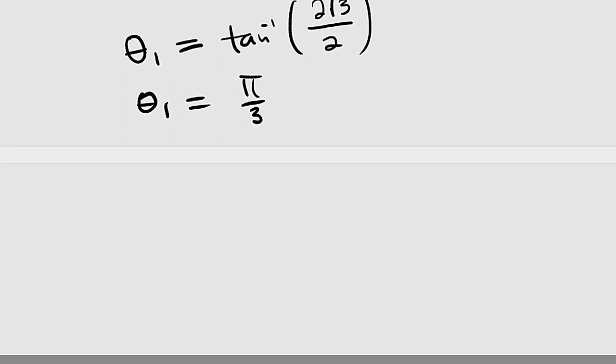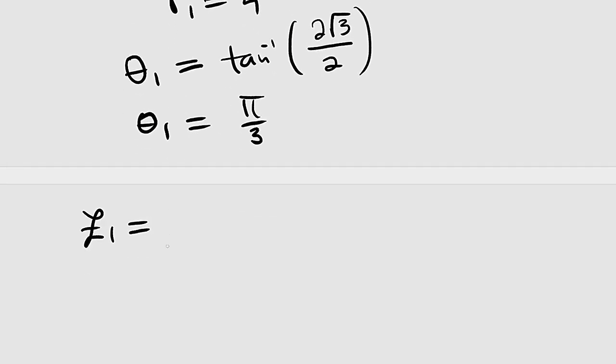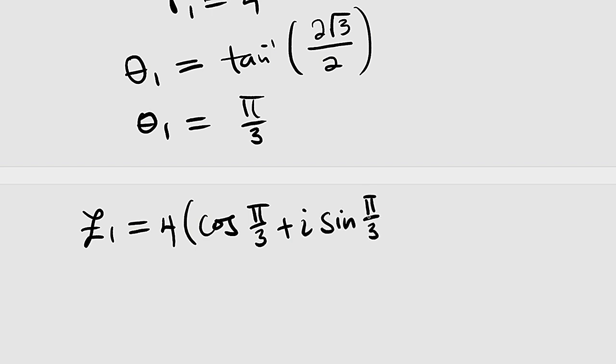So what is the polar form of this complex number z1? Remember, it is r1, and our r1 is 4. Then multiply by cosine of that angle, which we have as pi divided by 3. Then plus i sine of the same angle, pi divided by 3.